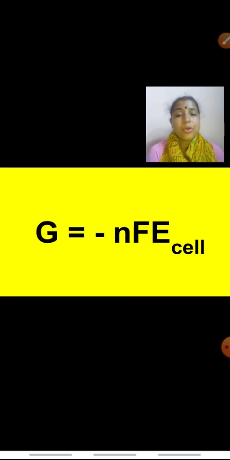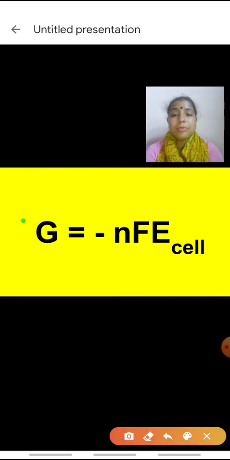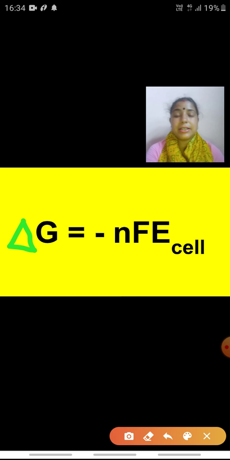Now, we denote the Gibbs energy change, as it is a change, with a delta. Delta G is equal to minus nFE naught of cell.